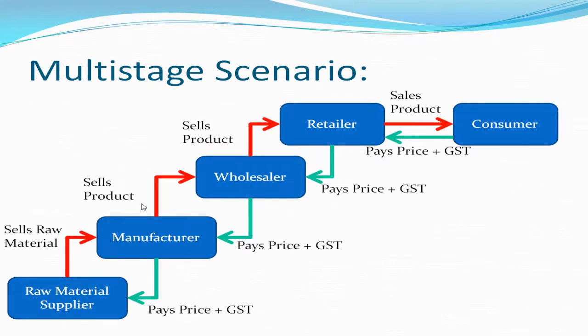Now multi-stage scenario. What is multi-stage scenario? So we know there is a raw material supplier, right? Manufacturer needs raw material to manufacture some product. So manufacturer buys raw material from the supplier.